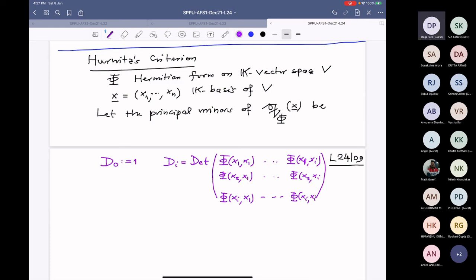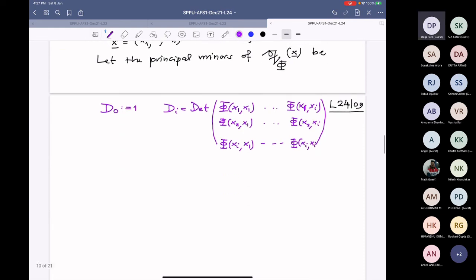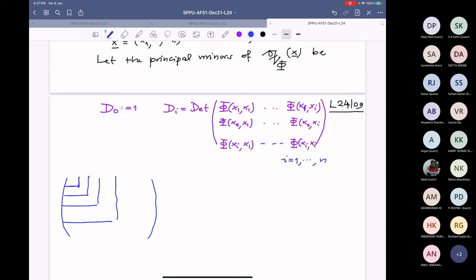The determinant of this. So, in general, if you have a matrix, this is the first minor, 1 cross 1, then 2 cross 2, then 3 cross 3, and so on. So these are called the principal minors, the determinants of these matrices. And they are how many in number now? i equal to 1 to n. And D0 I have already denoted by 1.